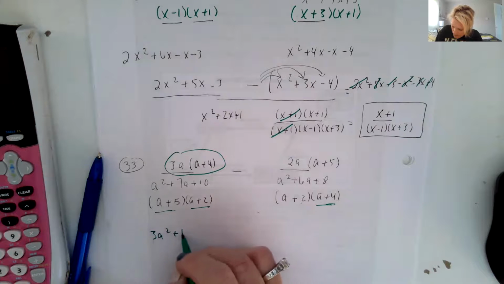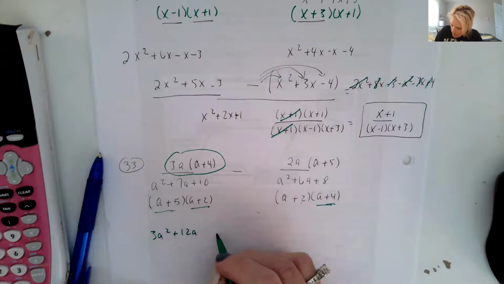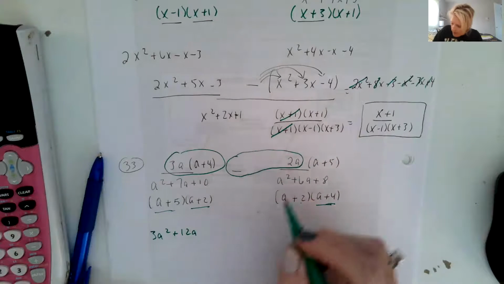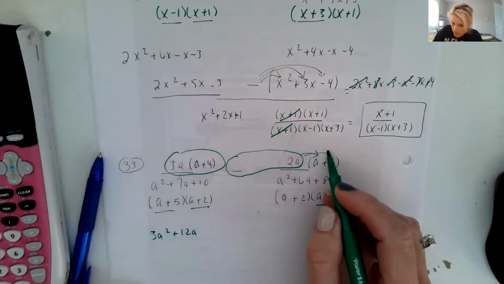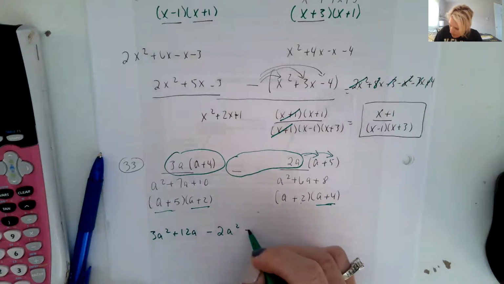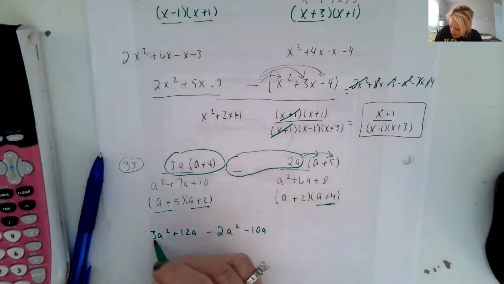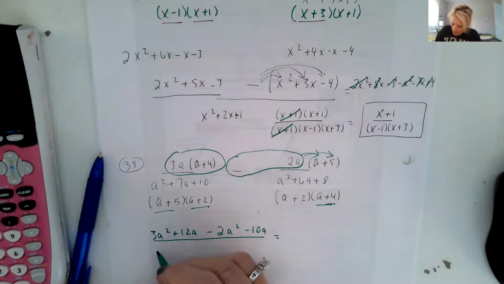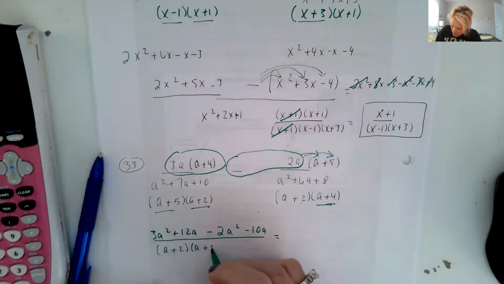We get 3a squared plus 12a. And we're going to distribute this negative 2a to the inside here. So we have minus 2a squared minus 10a all over my denominator of a plus 2, a plus 5, and a plus 4.